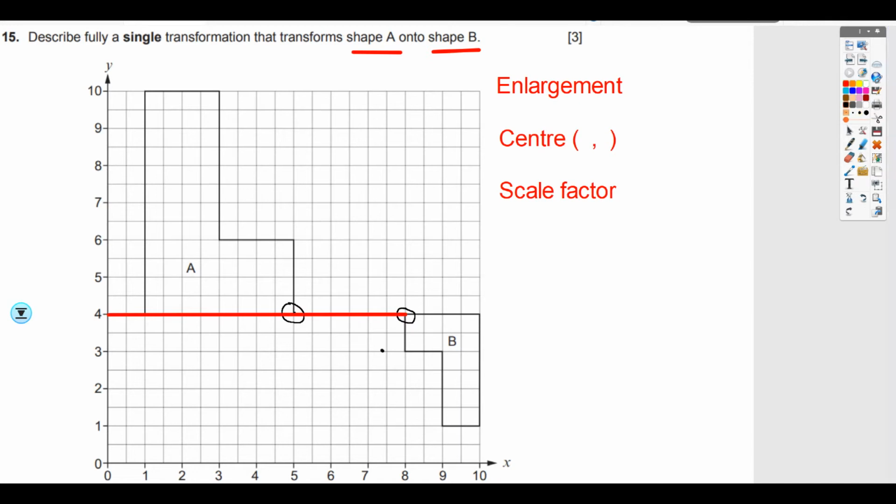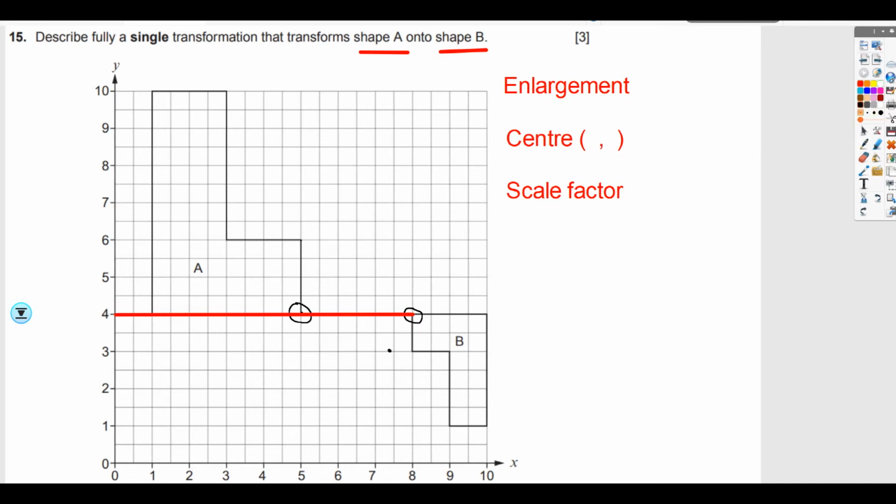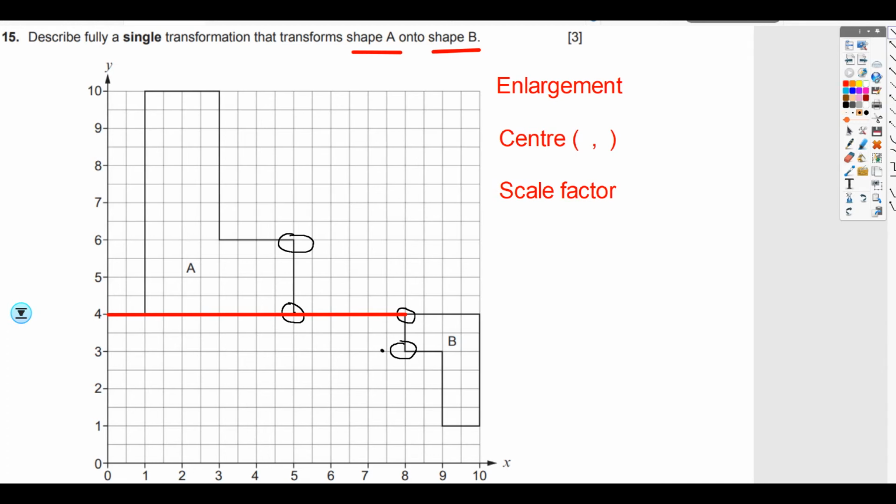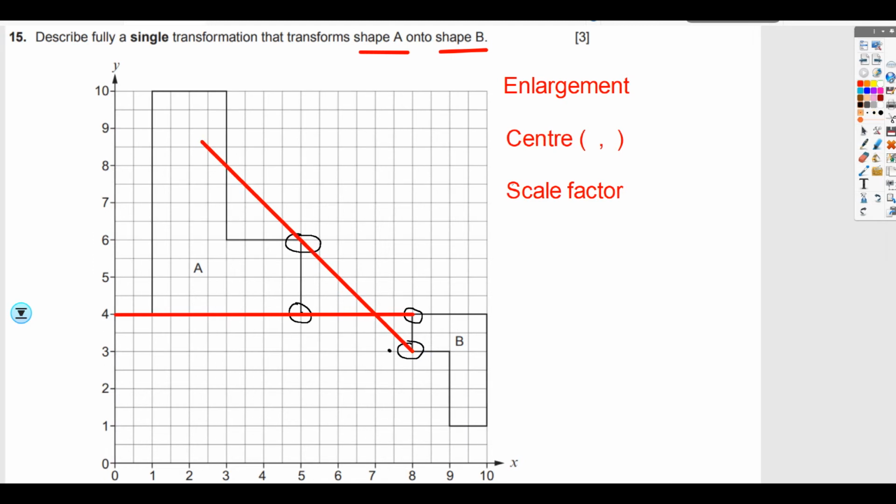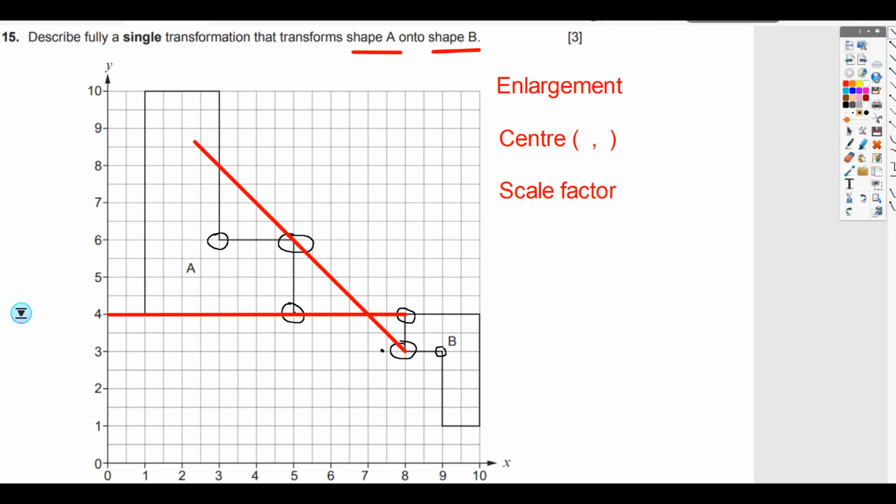And I'm going to do this again for the other points. So if I look here, this point maps onto this point, like that. And I'm going to do one more for luck. I can see this point, the joint where we change directions, maps onto this point. Like that.